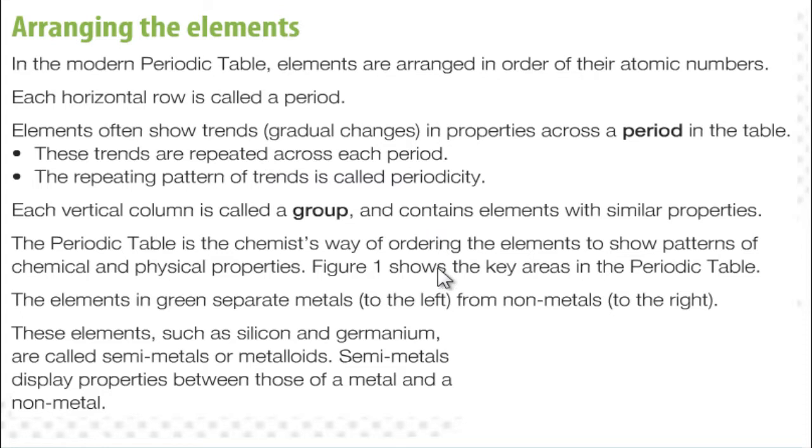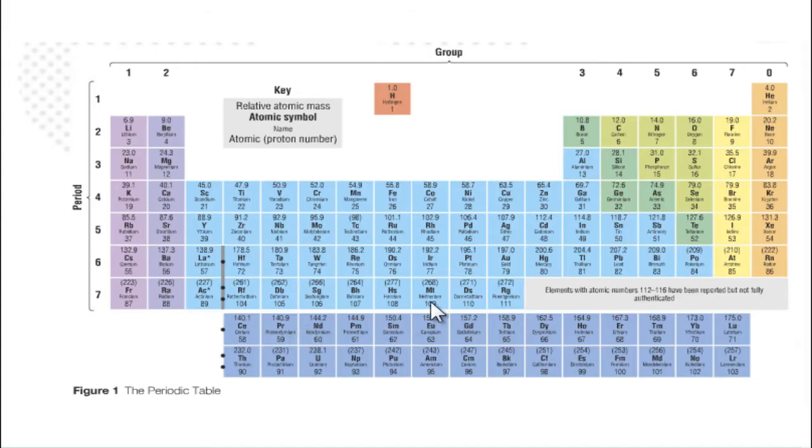So, the key areas in the periodic table is what I showed you just now, and the green ones separate metals from non-metals, and it's this line that indicates the differences between covalent bonding and metallic bonding on the periodic table.